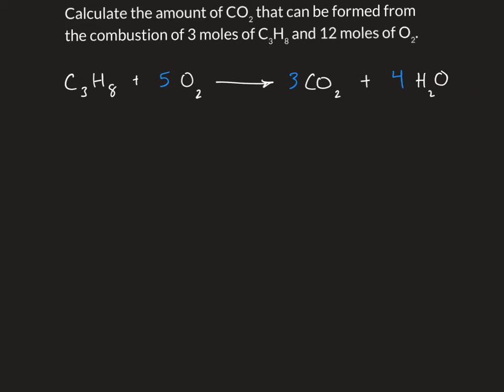What we're given here is 3 moles of propane and 12 moles of oxygen, and we want to know what's the maximum amount of carbon dioxide we can form using these 2 values.